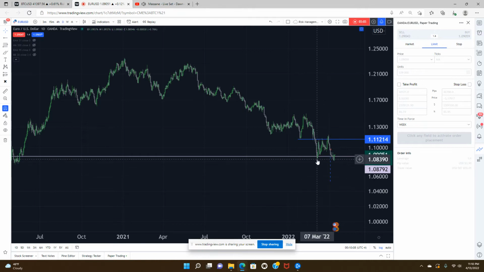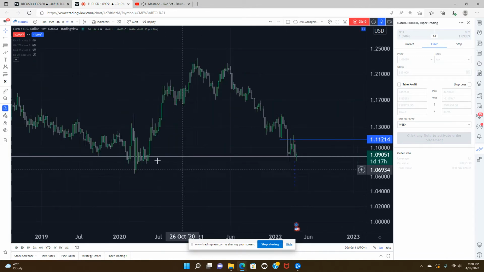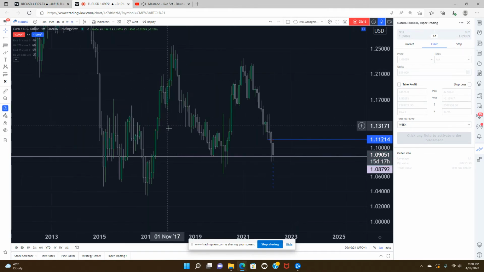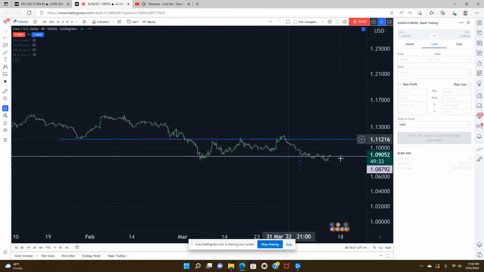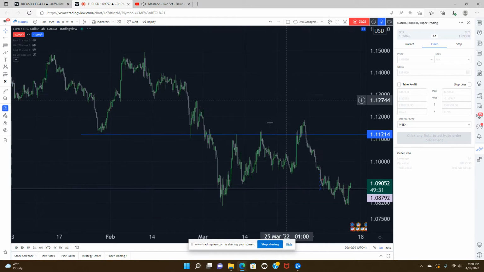Now, just because price returned to that level, it's still valid because it's a very high time frame level. So you have this macro area right there, and again, if we look at a monthly, you can see that it's still within operation. Now, let's go on the right side of the chart and see what's going on at this level.